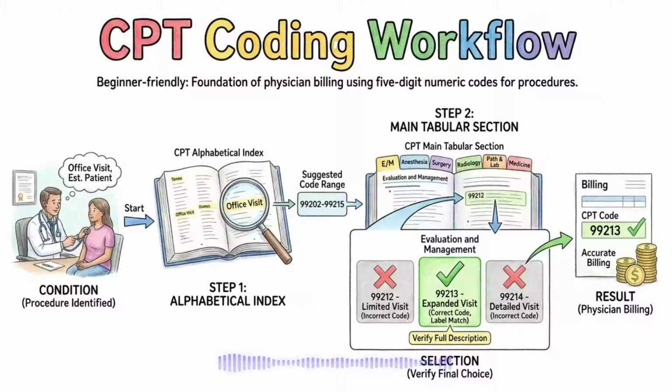The CPT code set is the foundation of physician billing and consists primarily of 5-digit numeric codes. The main body of the CPT manual is divided into 6 major sections, which are evaluation and management, anesthesia, surgery, radiology, pathology and laboratory, and medicine.